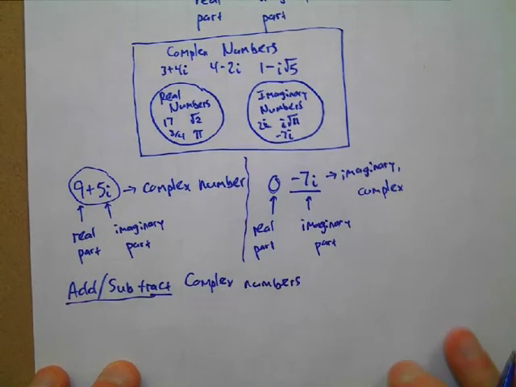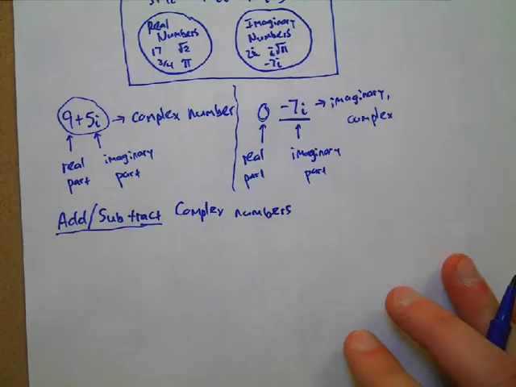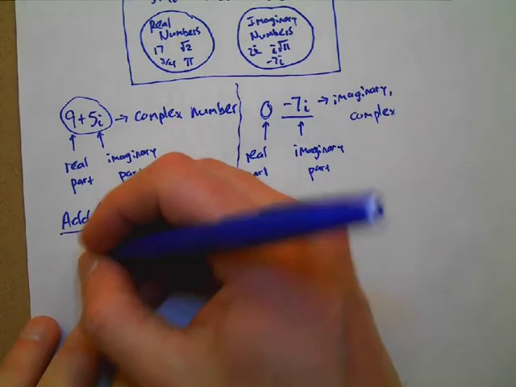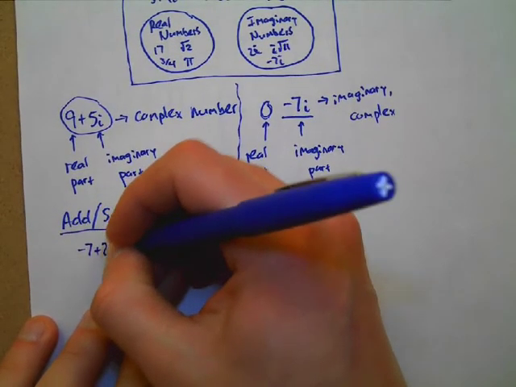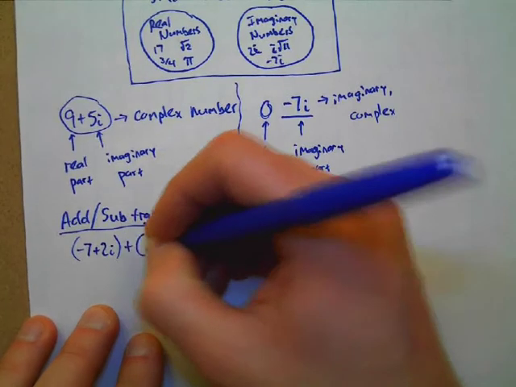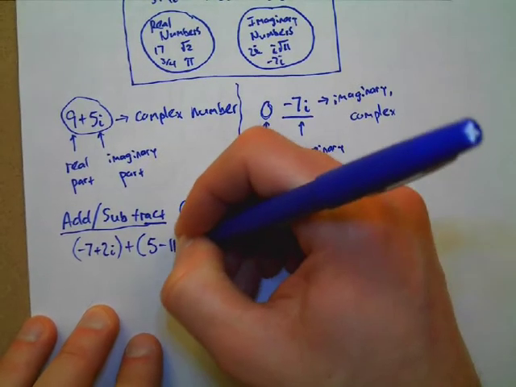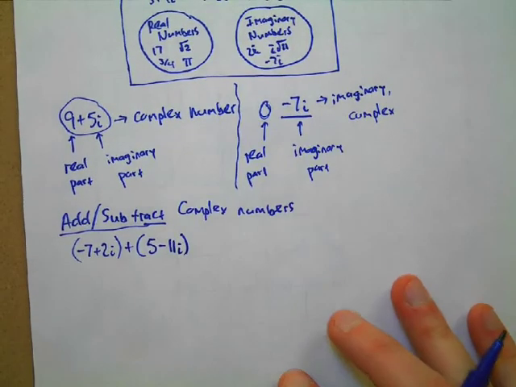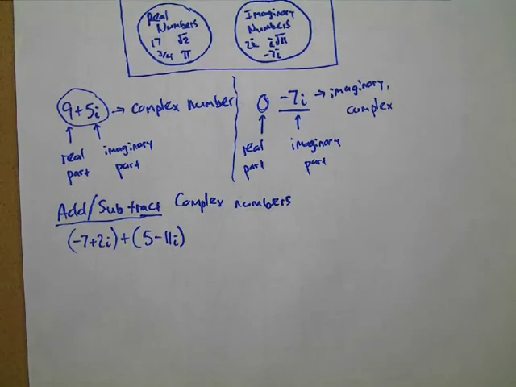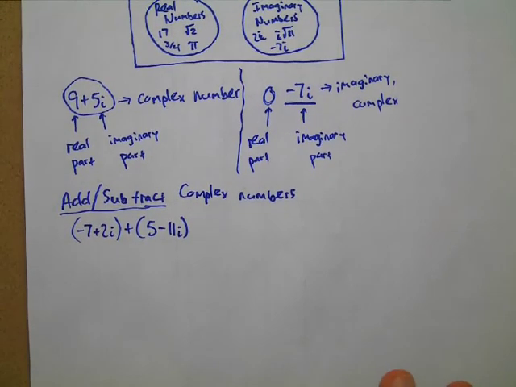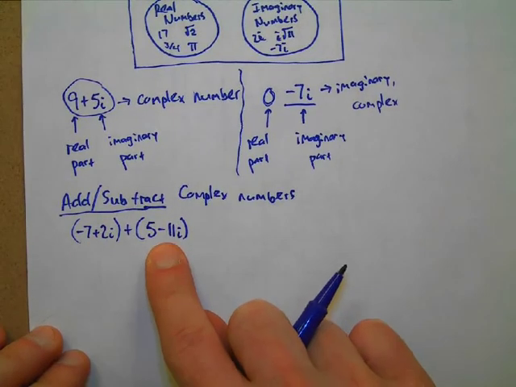Okay, so I'll show you how to add and subtract complex numbers. Let's do an addition, and then we'll do a subtraction. I bet you guys already have a pretty good idea about how you're supposed to add these together. If I want to add this complex number and this complex number, what can we put together, you think?